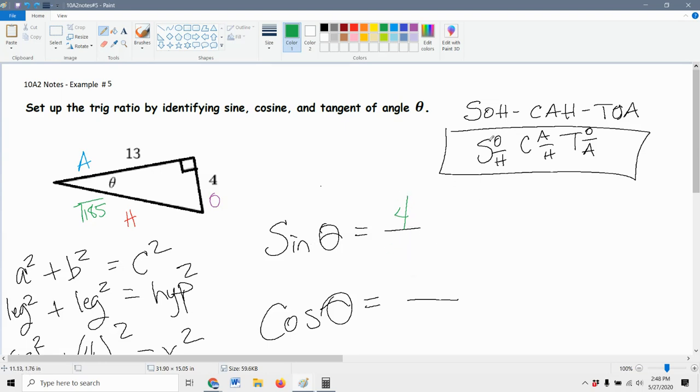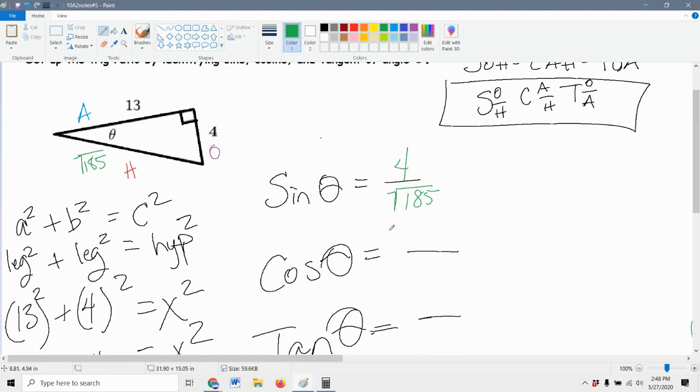Not over 13, over the root of 185. For the cosine of theta, we want adjacent, or 13, over hypotenuse, the root of 185. And then for the tan of theta, we want opposite over adjacent, or 4 over 13.